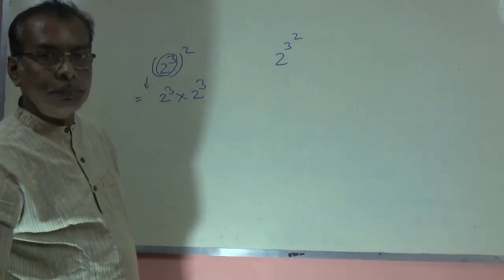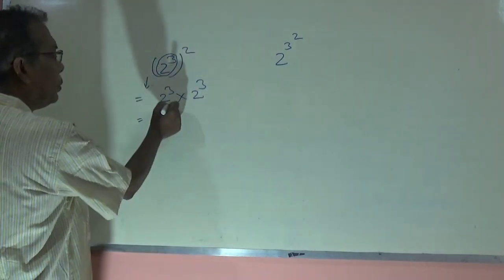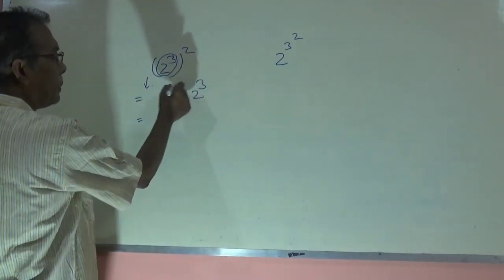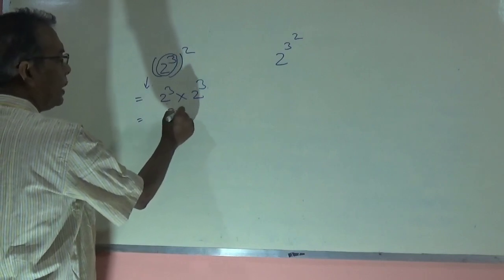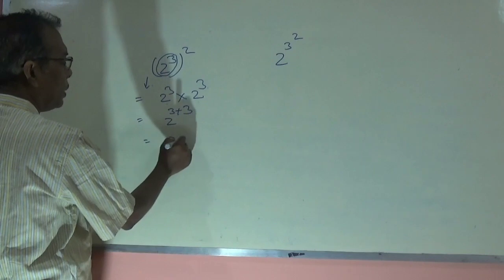Now you know that when the bases are equal in multiplication, the powers should be added. So it will be 2 power 3 plus 3, which is equal to 2 power 6.